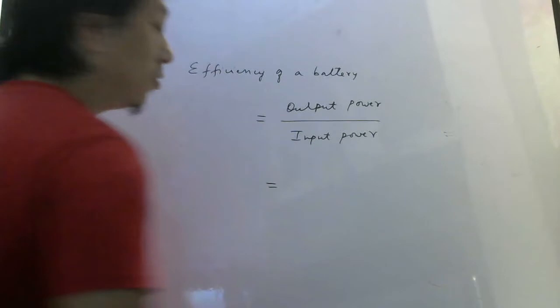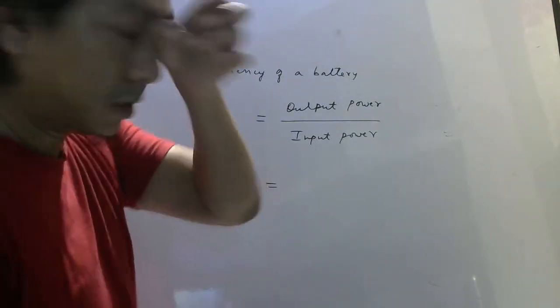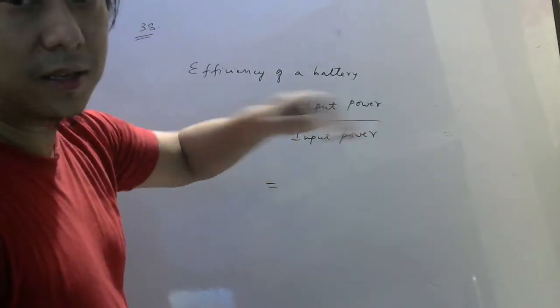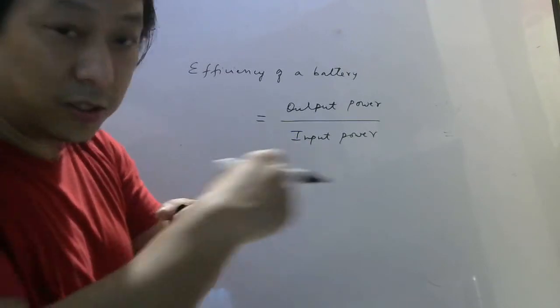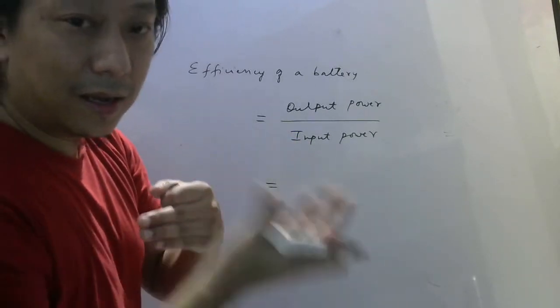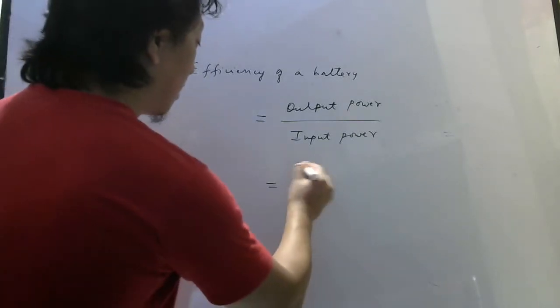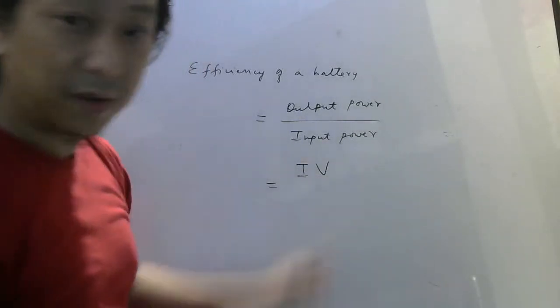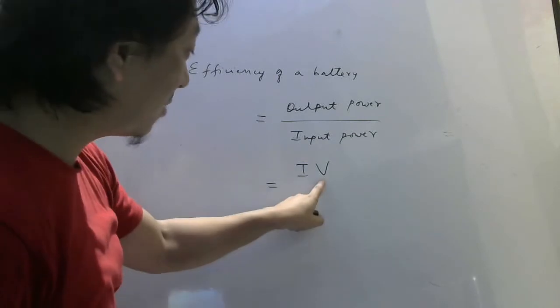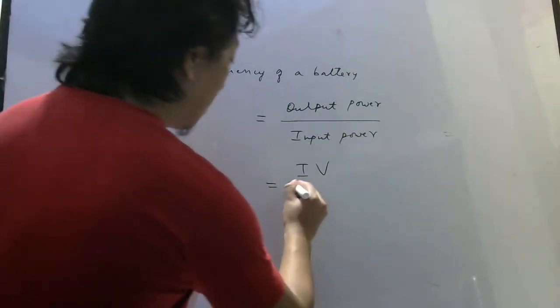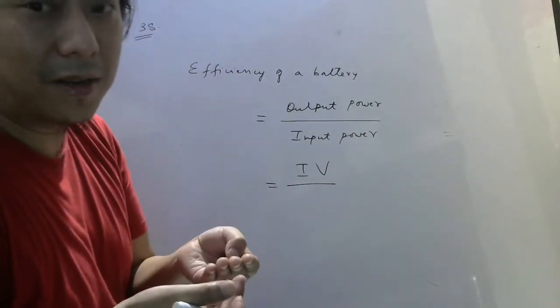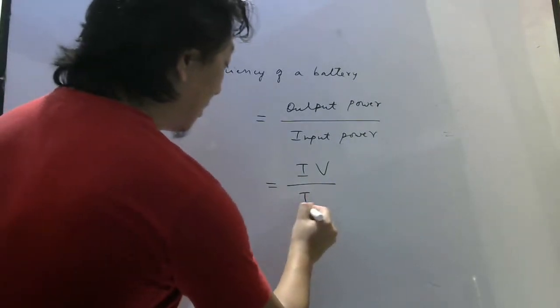Power we can write as current into voltage. Since the battery is used in a circuit, in the output, that is the resistor, the power produced is current into terminal voltage, because the resistor gets this much voltage. The input power is the one given by the battery, which will be current into EMF.